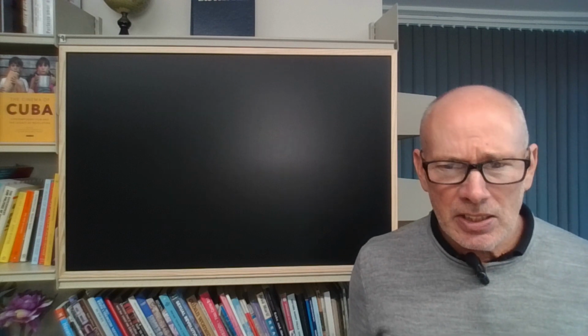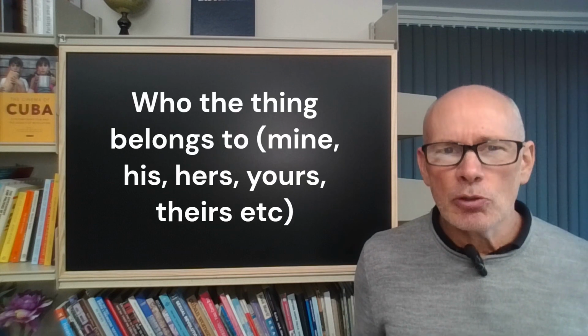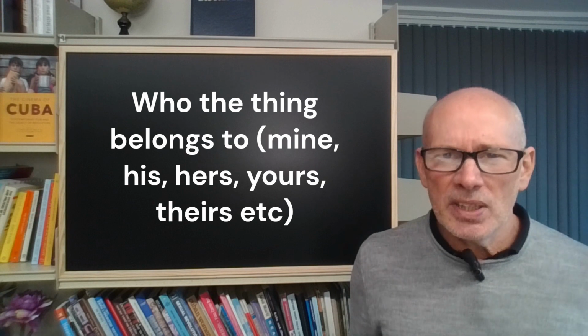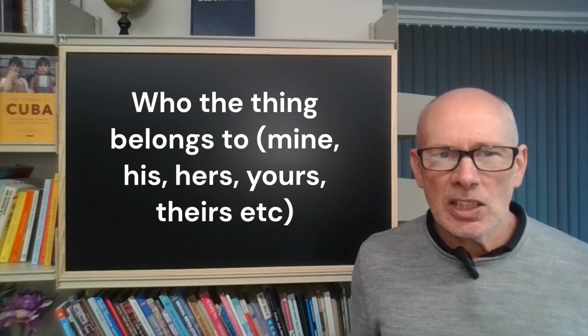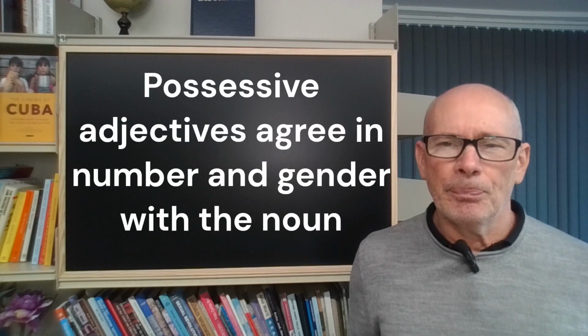These possessive adjectives just tell us who the thing belongs to that we're talking about. We must agree the correct adjective with the noun, if it is a masculine or feminine noun, and if it is singular or plural.